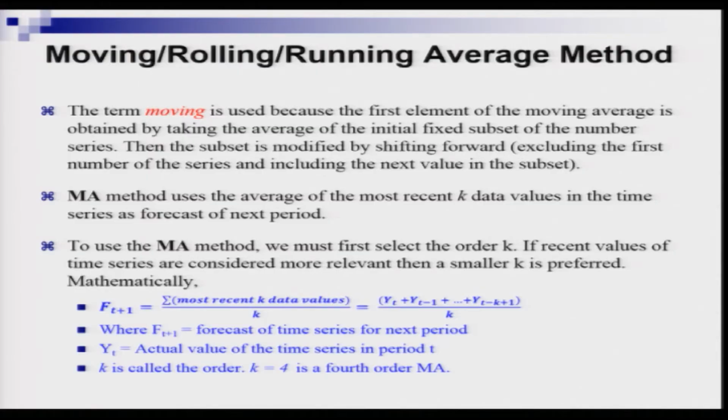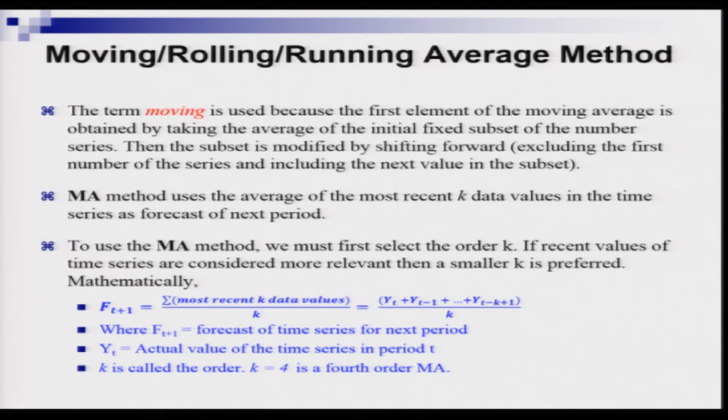Now, concentrate on the last bullet point of this slide, where in the sub bullets I am explaining the mathematical formula. Look at the formula capital F t plus 1. That is given by the sum of the most recent k data values divided by k.